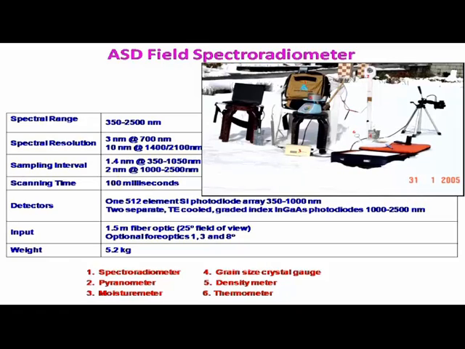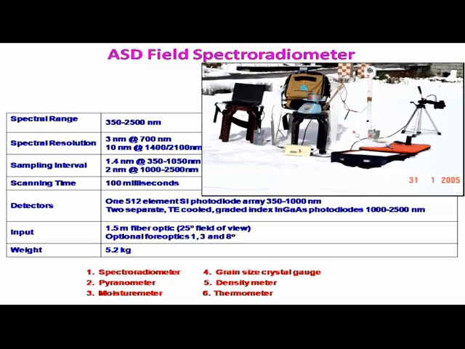At the time of this field experiment, we collected various other information like snow grain size, and albedo through a pyranometer, that is broadband albedo. I'll be talking on that part also. Then the density of snow, and moisture content with a thermometer.